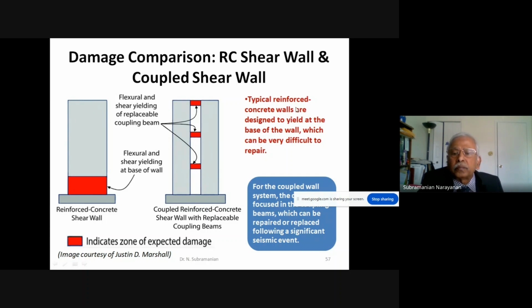A typical reinforced concrete wall is designed to yield at the base of the wall, which can be very difficult to repair, whereas coupling beams are slightly better to repair. So after a significant event, these coupling beams can be repaired easily.